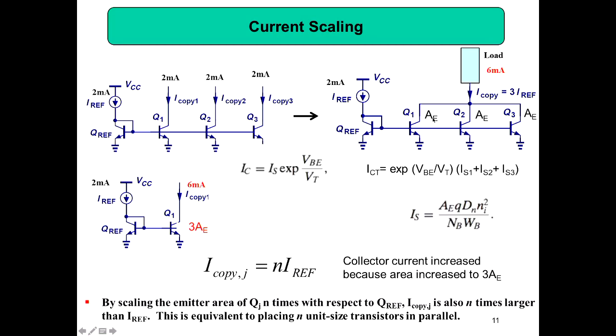So if you want to scale up, you can connect transistors in parallel. Then we will write 3 times area. I have shown this equation because somebody might ask why you are writing 3 times area, not 3 times something else. The logic is that when you connect 3 transistors in parallel, you are increasing the area.